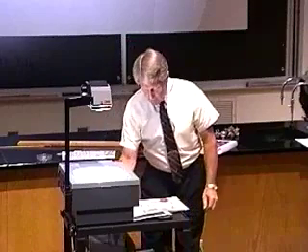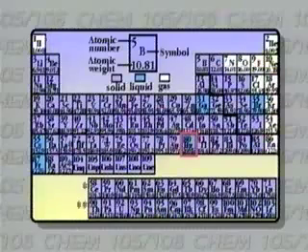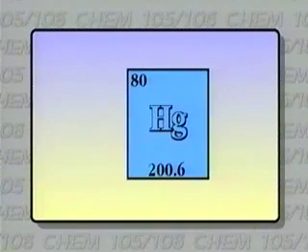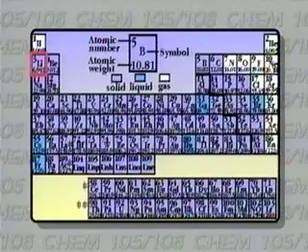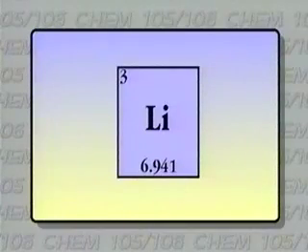Now, as far as melting points of the metals, they vary considerably. Mercury, even though it has a fairly large mass of 200, is a liquid at room temperature. And yet lithium, which has a mass of only 7, is a solid at room temperature.